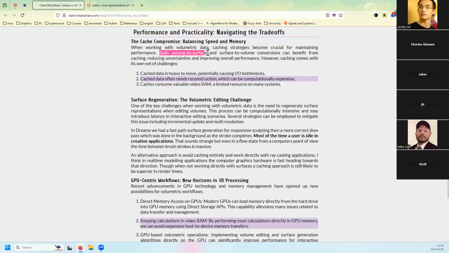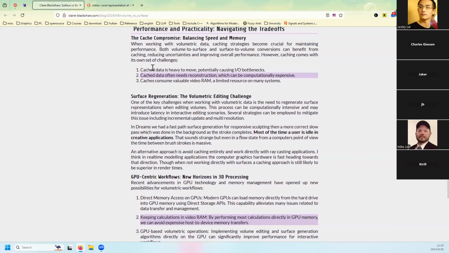Both volume to surface and surface to volume conversion can benefit from caching. Yeah, cache data may cause I/O or memory bottlenecks. Cache data often needs reconstruction, which can also be expensive. Also, it consumes a lot of RAM.